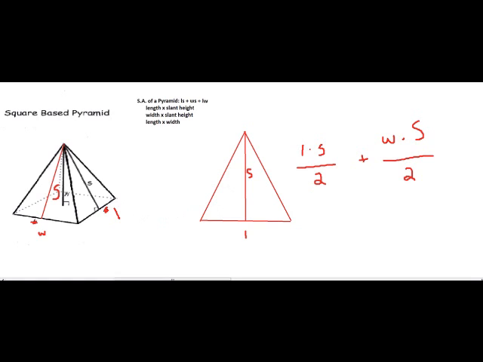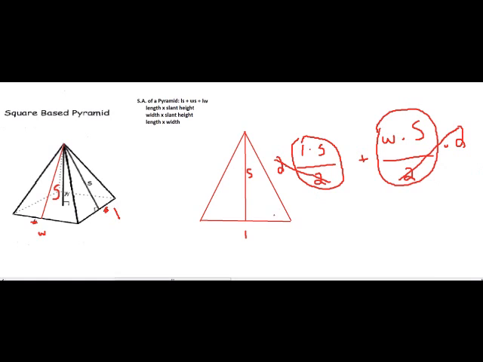Because there are 4 triangles, and we know that in a pyramid, the opposite triangles are congruent. So there are 2 triangles that will have this area, and 2 triangles that will have this area. So we need to multiply this by 2, and multiply this by 2. We can just cancel out these 2's.